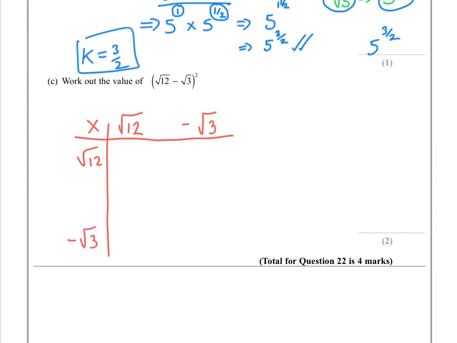In this case, you've got root 12 times root 12 is just 12. You've got negative root 3 multiplied by negative root 3. That's just going to be 3. So we've definitely got 15.